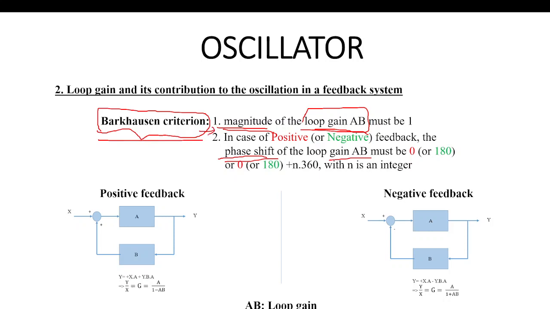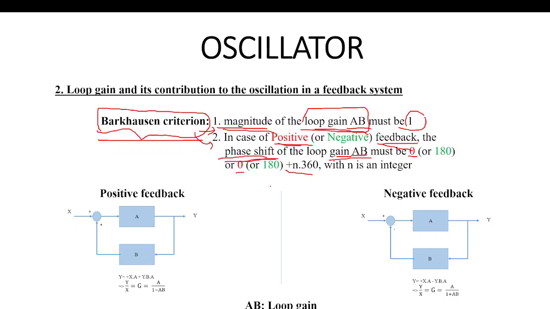It has two conditions. The first condition is that if the loop gain AB has magnitude 1 and the phase shift of the AB in the positive feedback is 0, or 0 plus an integer times 360 degrees, our positive feedback will have an oscillation. Why?